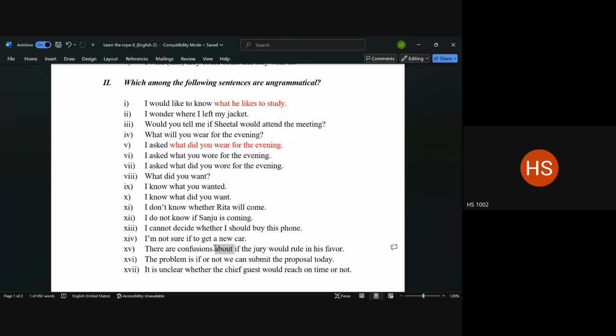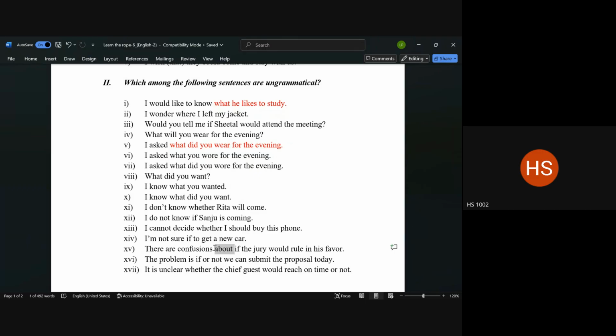Second is sentence 15, where you cannot use "if" when there is a preposition before it. And the third condition is sentence 17. I'll tell you why that is wrong. There are confusions about "whether" the jury would rule in his favor; "if" the jury is wrong, so we say "whether" the jury would rule in his favor.